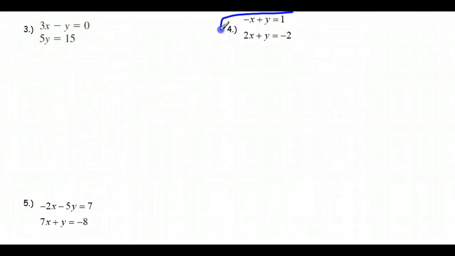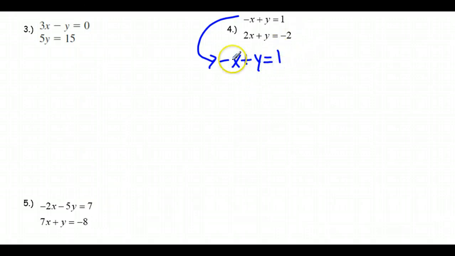In number 4, I am going to choose, well actually it really doesn't matter. We could choose the top equation or the bottom equation because they already have y's that both have a coefficient of positive 1. Let's start with the top equation. That is negative x plus y equals 1. And we're solving for y.